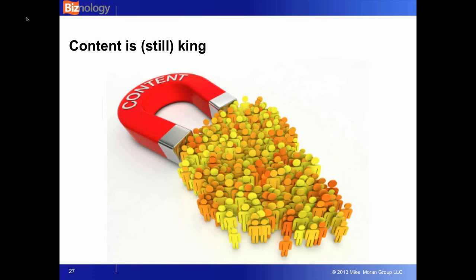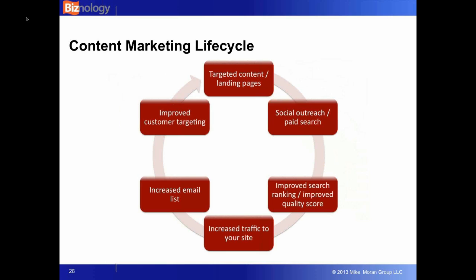Now, when we talk about this in terms of content marketing, there's really life cycles of this. It starts with, first and foremost, making sure you have the right targeted content and landing pages to attract not just regular consumers, but also those people who will like it and who will share it with their friends. Of course, it's not just a build it and they will come type scenario.